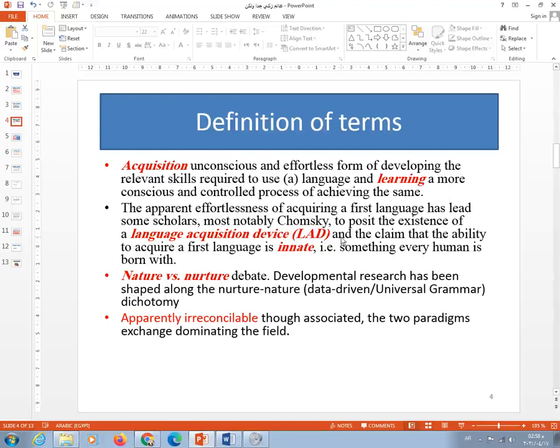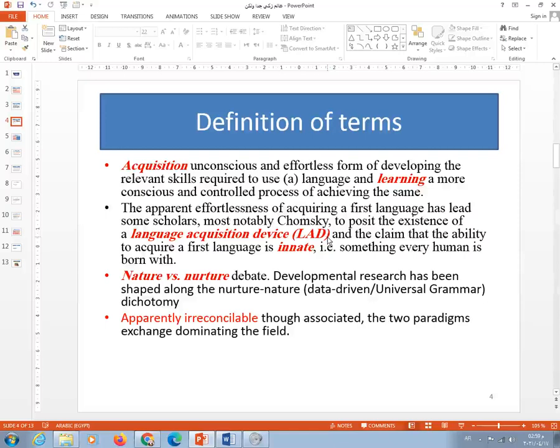And the apparent effortlessness of acquiring a first language has led some scholars, for example Noam Chomsky, to put forward what is called a language acquisition device, or LAD, which claims that the ability to acquire a first language is innate in us.